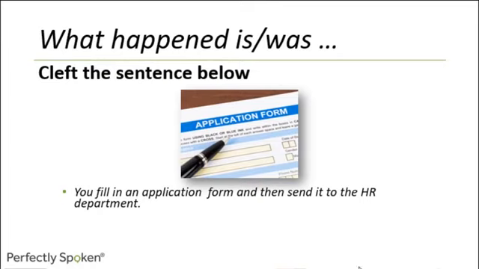HR is human resources. So if you're applying for a job, normally you send an application to human resources. The people who decide whether or not to hire people. And so obviously this is in the present. It's giving you instructions essentially. So what happens is that you fill in an application form and then send it to the HR department.